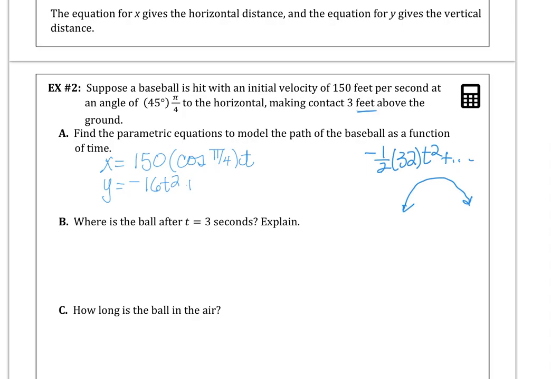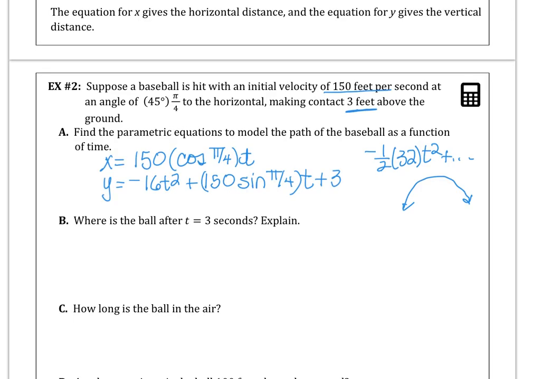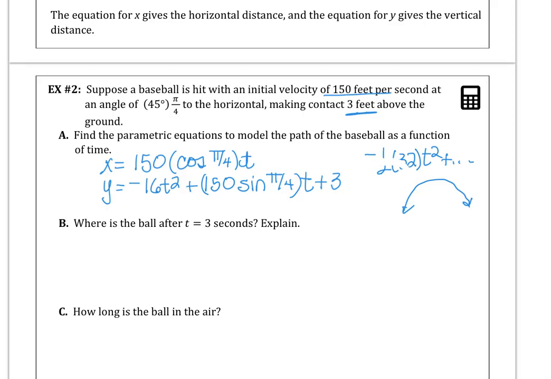T squared plus initial velocity 150 times the sine of pi over 4, all of that times time, and the initial contact height of 3. So we had all of those things going in our equation to set up the model for the projectile motion.